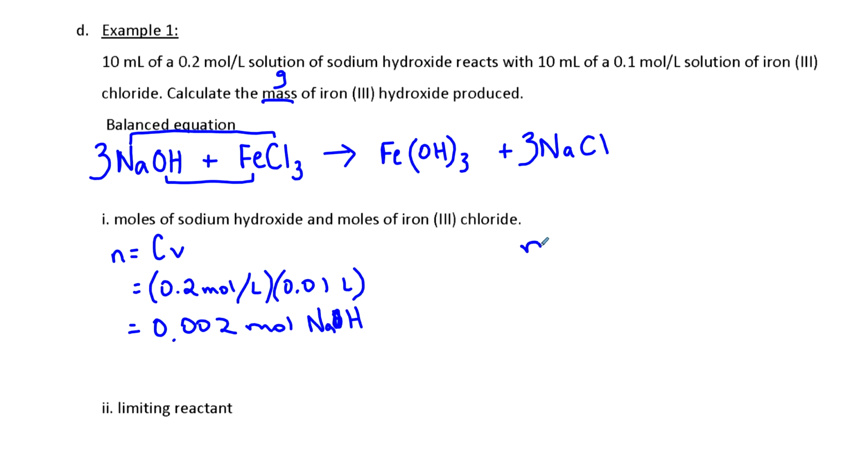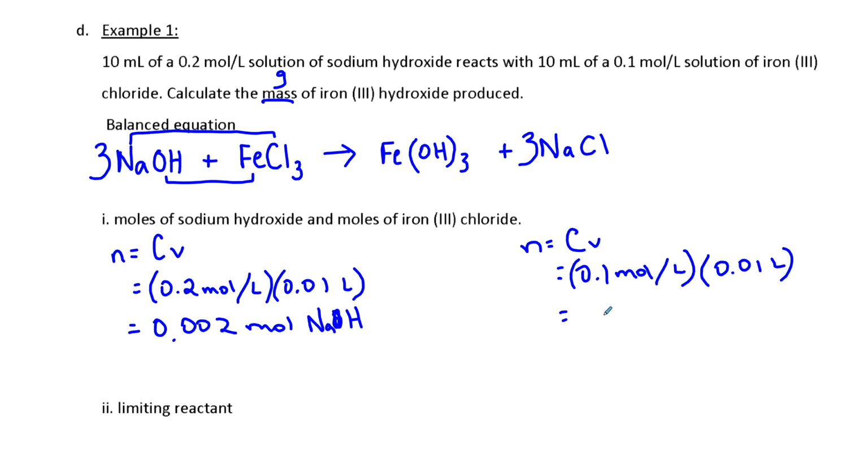Now I'm going to do the same thing for iron 3 chloride. I also know the concentration and the volume of that. The concentration is 0.1 mole per liter. The volume, again, is 10 milliliters, which is equivalent to 0.01 liters.